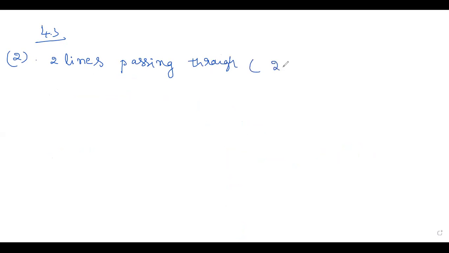They have given the 2 points here. Those are 2 and 14. How many more such lines are there and why? Okay, you have to write two equations for the given points.